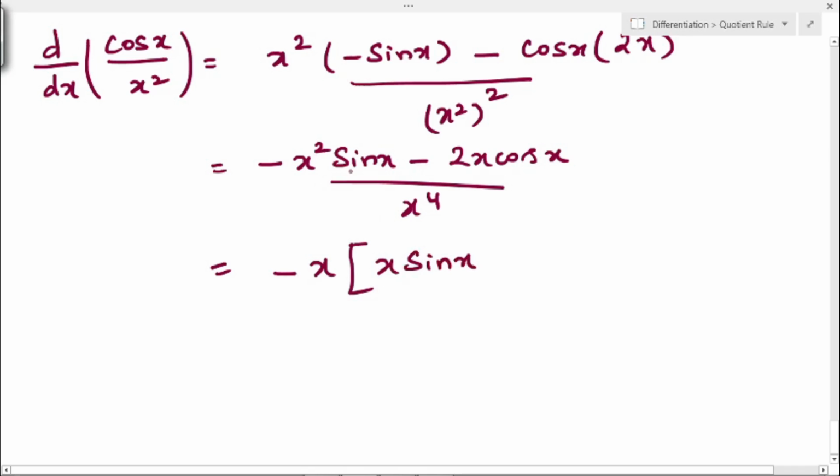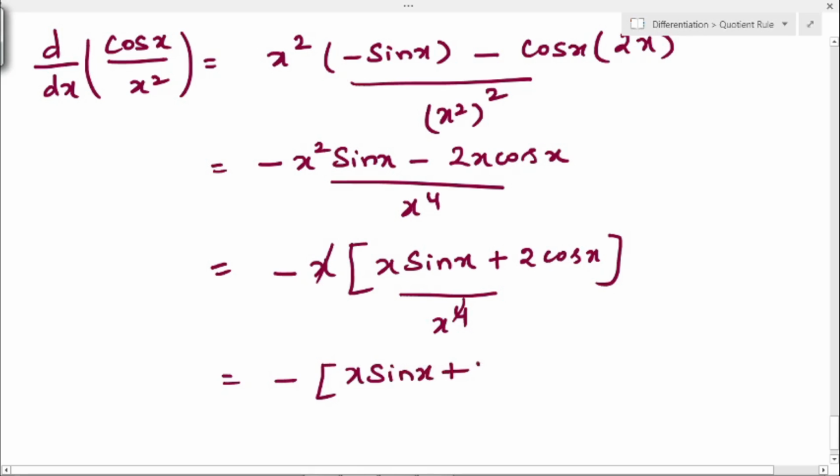Already we took minus outside, so this term will become plus, and we have 2 cos x, because we are taking one x term outside, divided by x to the power 4. So one x term will get cancelled, so the answer is minus of (x sin x plus 2 cos x) divided by x³. So this is the derivative of cos x divided by x².